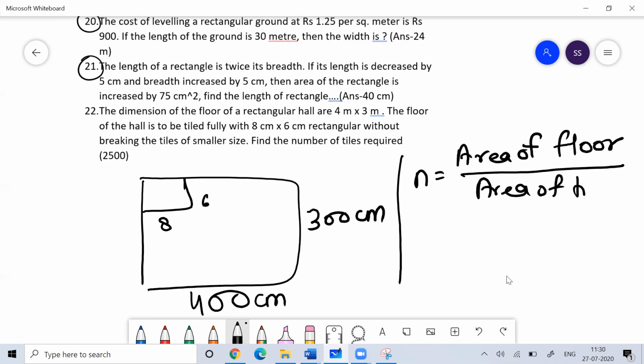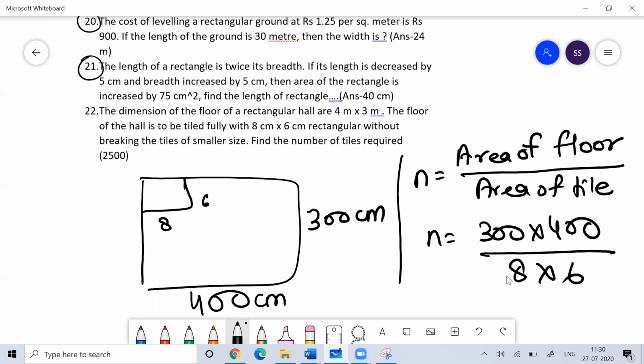That will give you the value of n. This n is 300 into 400 divided by 8 into 6. So this is 50 times of this, and this is 50 times of that. So this is 50 into 50, that is 2500. So these many tiles you require.